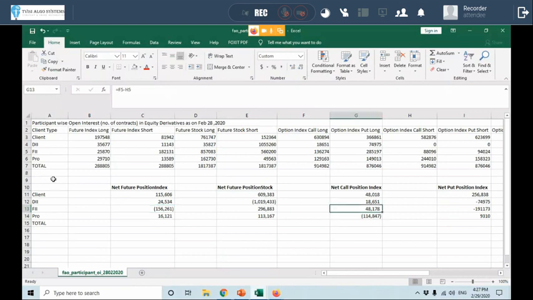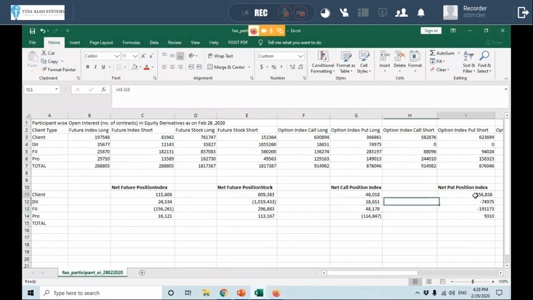So basically they have done a strategy where they are selling the futures and they are buying calls. So basically they are trying to hedge their position. In case the market goes up, at least these call positions will help them.